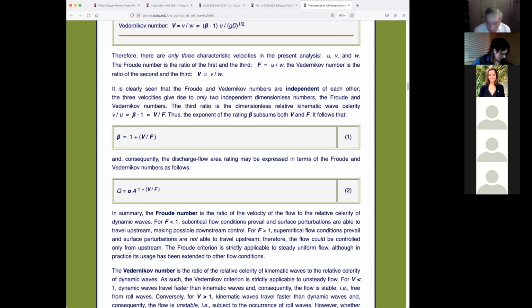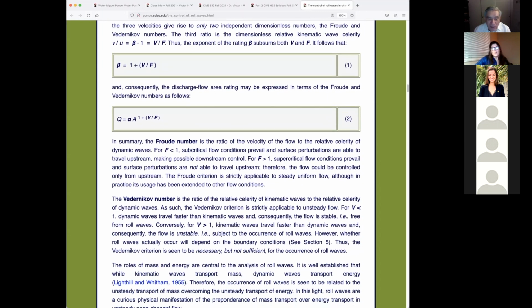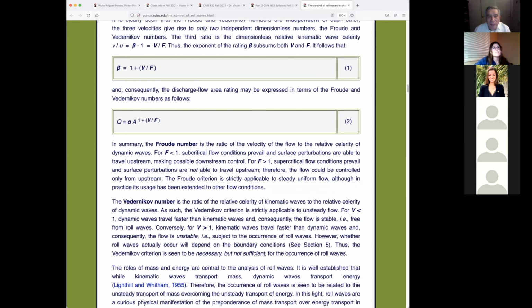That is where we came up with clarity. So we have the beta, our beta factor over here. We already talked about that. Interestingly, if the beta is a function only of the Vedernikov and Froude numbers, then that means that the exponent of the rating is a function of beta, which is a function of Vedernikov over Froude.